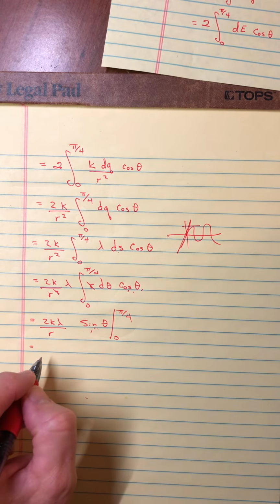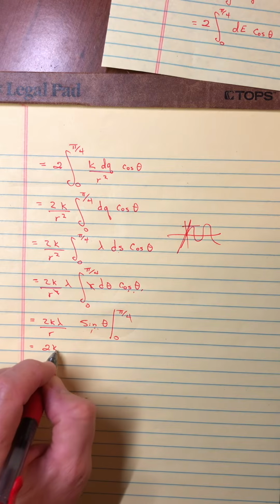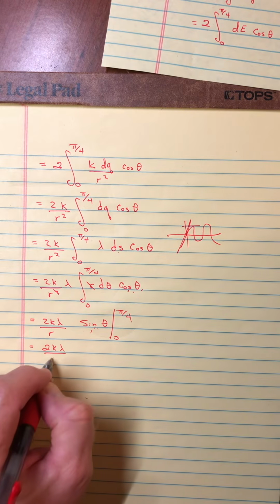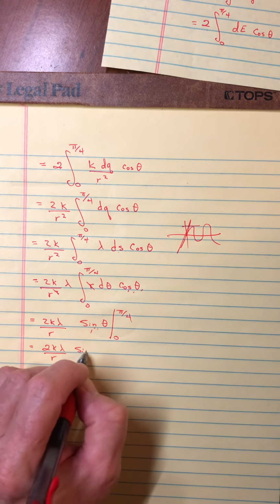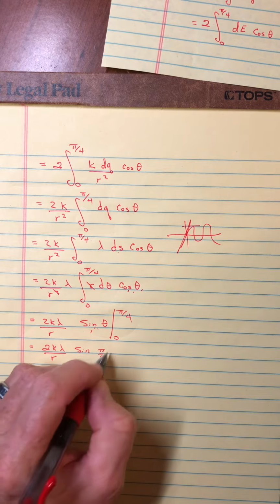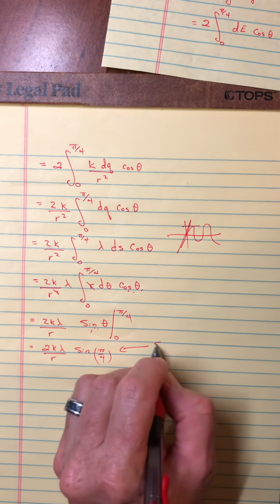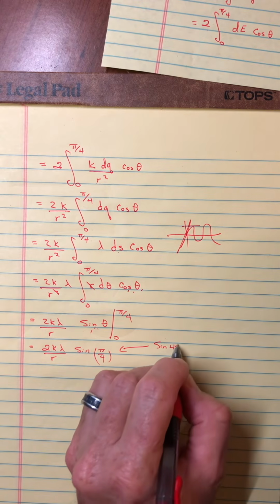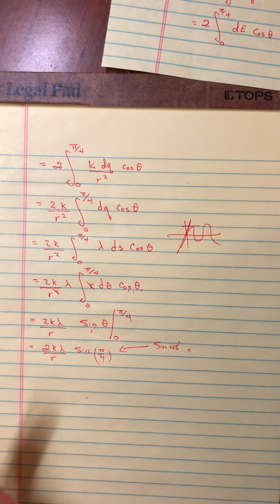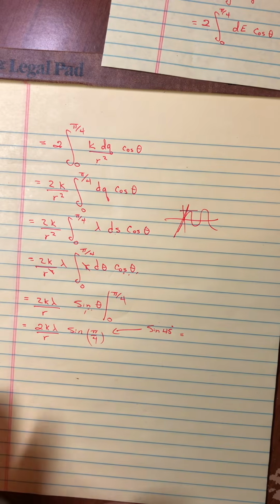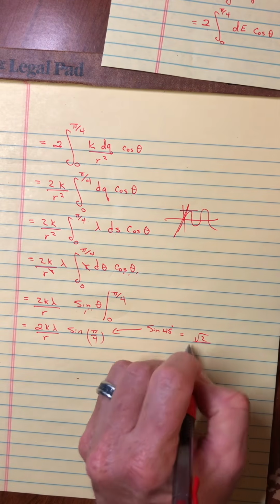Okay. So we've got 2k lambda r, and then we have the sine of pi over 4, which is the same as the sine of 45 degrees, which is that magical 45, 45, 90-degree triangle. And so this is root 2 over 2.